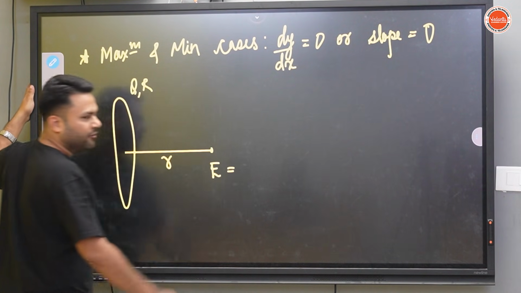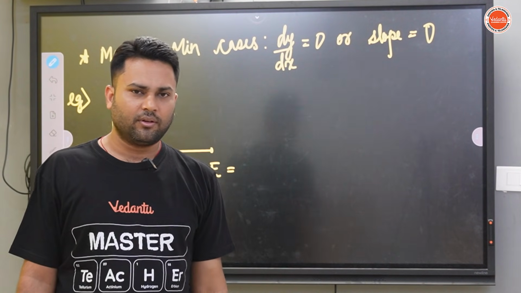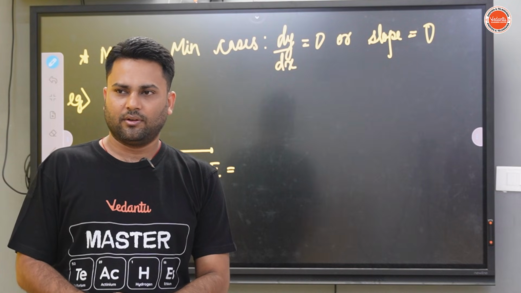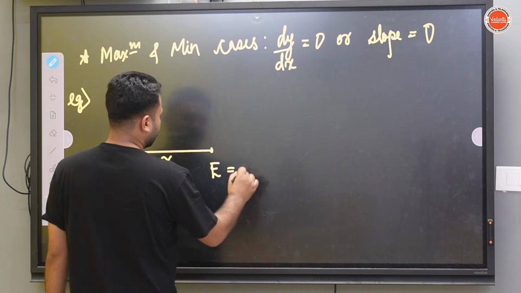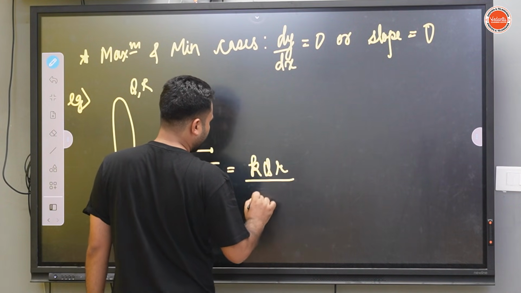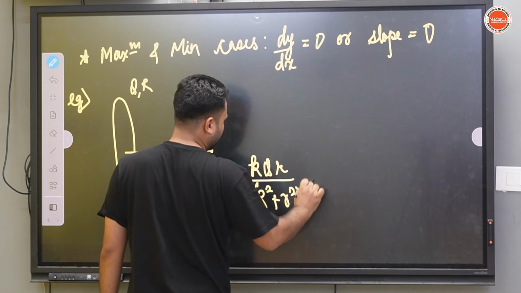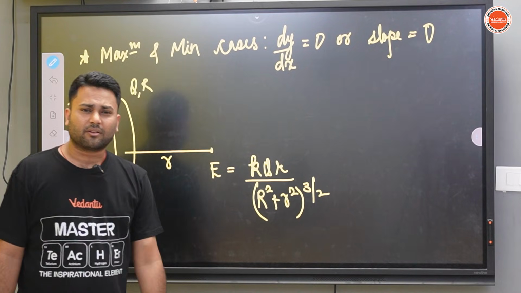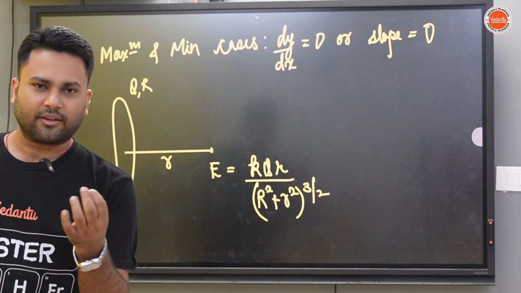Does anyone remember this field formula? KQx upon (r square plus x square) the whole power 3 by 2. KQx. Okay, KQr, r square plus r square to the power 3 by 2, into, 2 was also there, no. Small mistakes can happen.